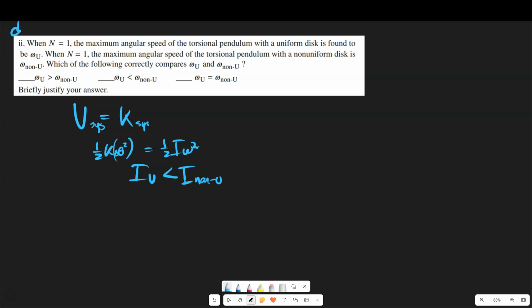Our initial rotational inertia is less than as we add more of these things to it. Therefore we could say this omega u must be greater than the omega non-u, because for their kinetic energies to be the same, the one with the least amount of mass, or I value, would have to be moving faster than the one with more masses added to it. So that's how to think through this.